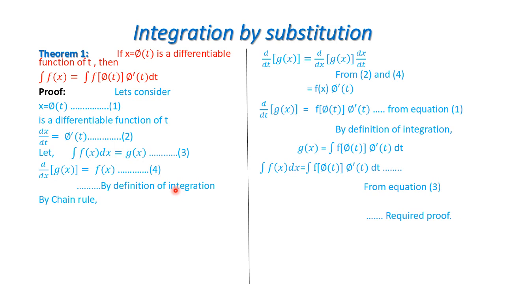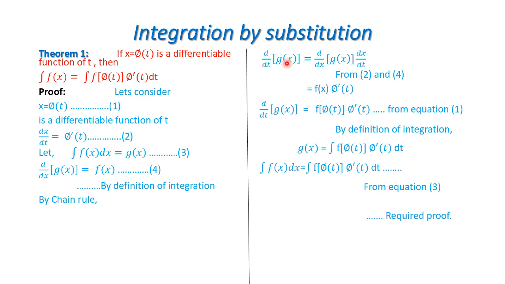Now by the chain rule, what do we want to prove? Let us consider the derivative of the same function g of x, which is the integral of f of x. Consider the derivative of g of x with respect to a new variable, that is t.